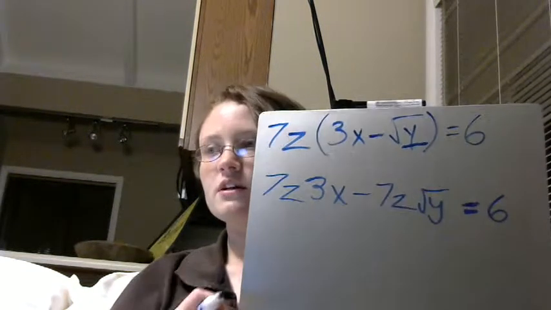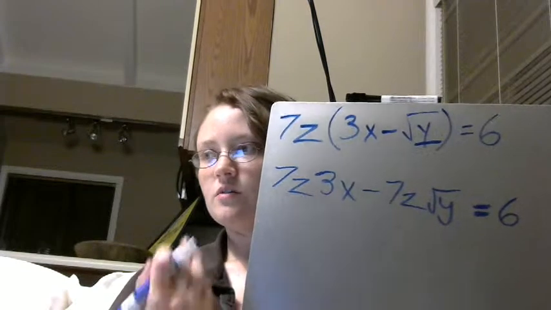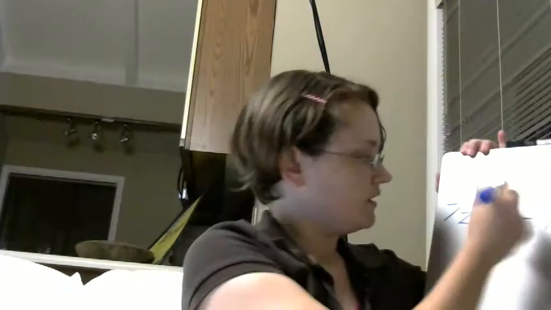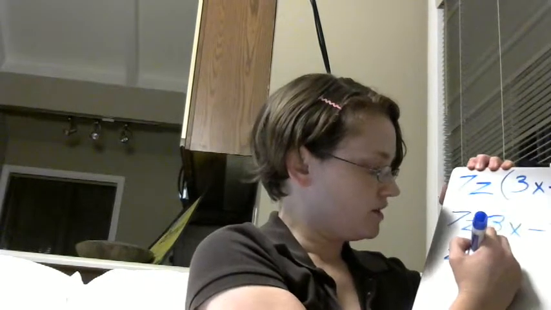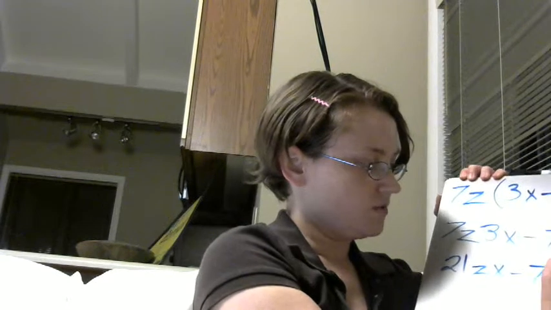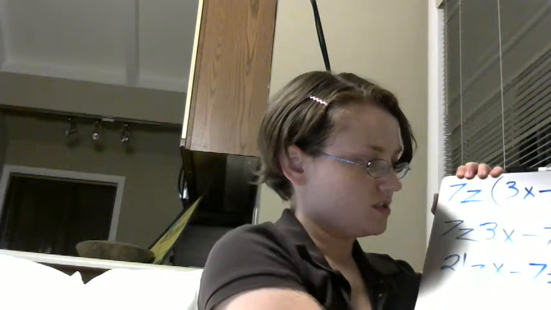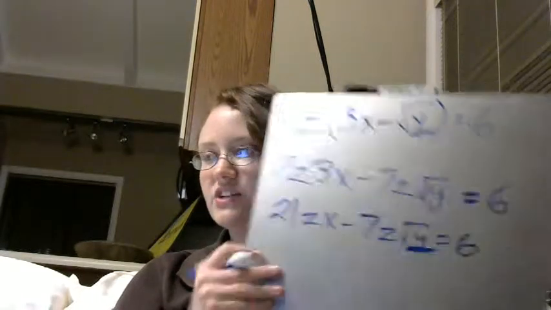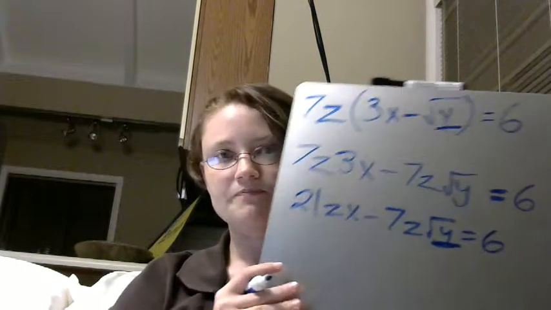Step 2 is done. We can simplify a little bit and multiply that 7 by that 3. So we have 21zx minus 7z root y equals 6. We're still looking for y, so I'm going to underline it still.